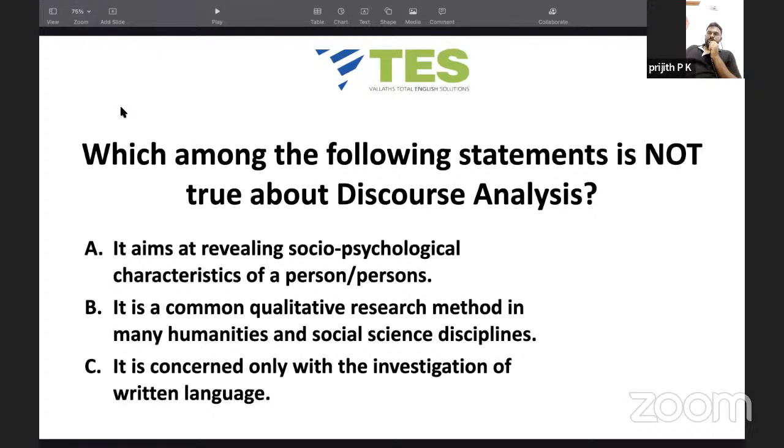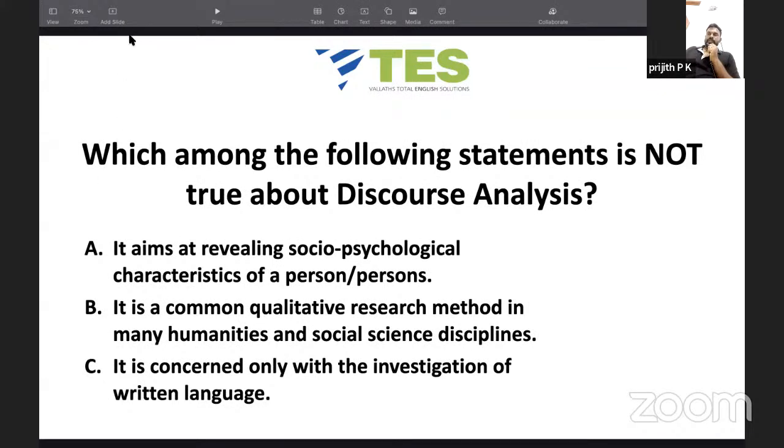Which among the following statements is not true about discourse analysis? A. It aims at revealing socio-psychological characteristics of a person or persons. B. It is a common qualitative research method in many humanities and social science disciplines. C. It is concerned only with the investigation of written language.